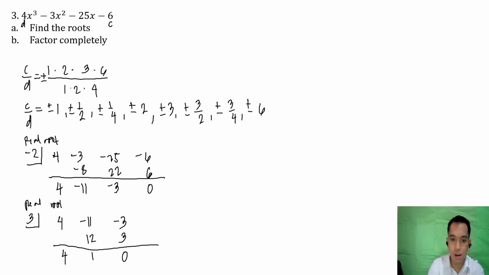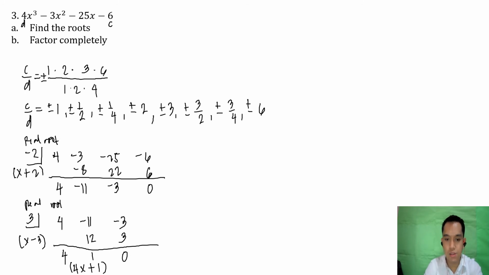So we have here the factors of our polynomial is x plus 2, this one, at x minus 3. Okay, so x plus 2, x minus 3. And the last one is 4x plus 1.